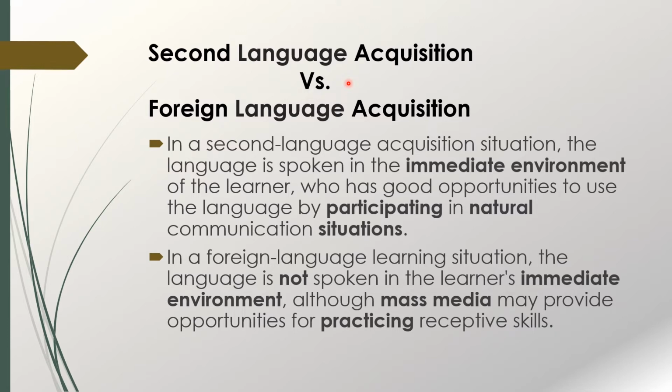For example, as I said earlier, English has an official status as a second language in India. That means if you live in Mumbai but you need to go to Delhi for official work, you must use English as a second language in order to communicate.